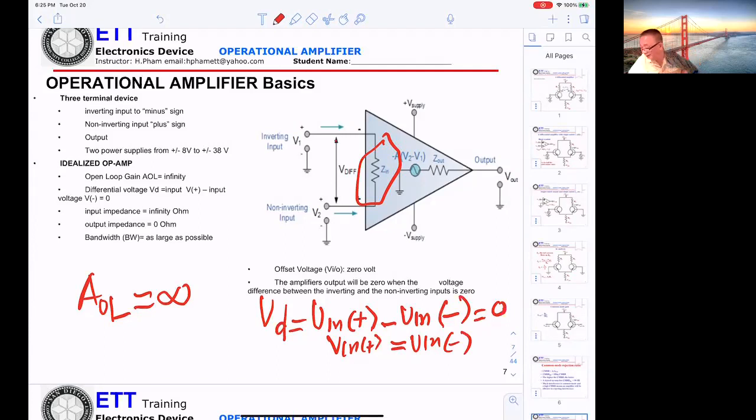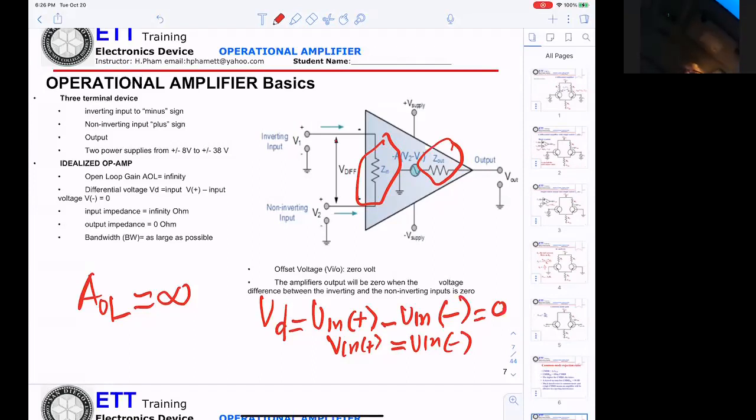Okay? And the output impedance, that means at the output here, you get the impedance right here. They want it to be zero. How come they want it to be zero? Zero ohm. Why? So everything flows that way?